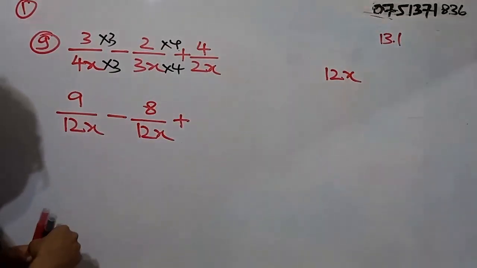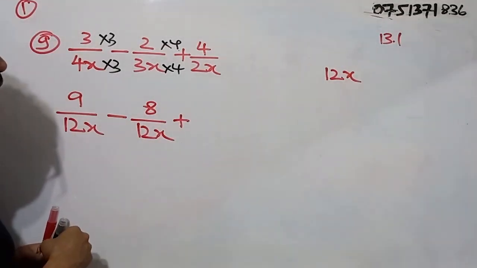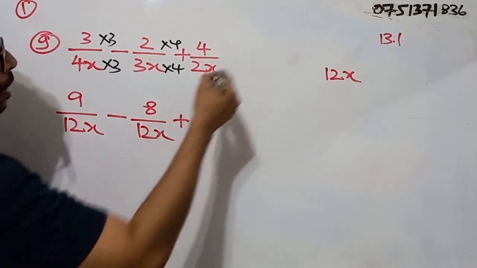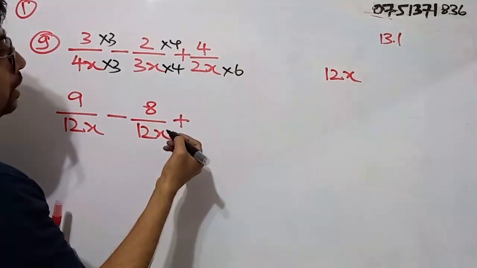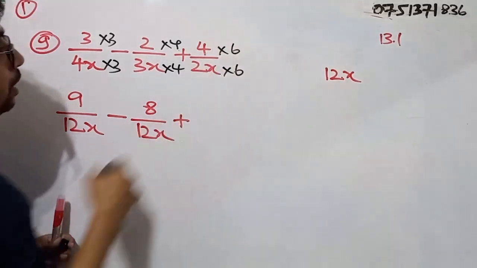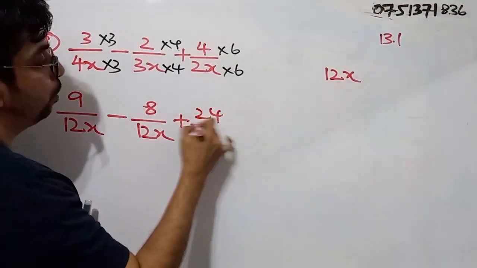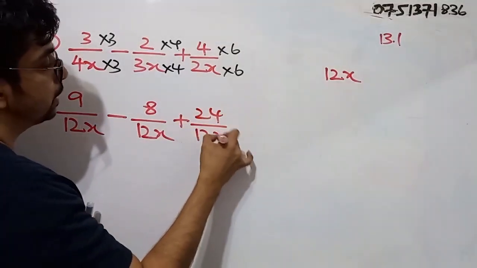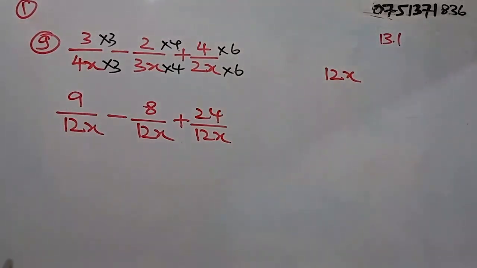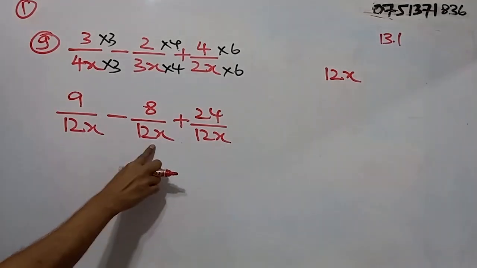Plus, here of the third fraction, we need to multiply the denominator by 6. So we need to do the same thing to the numerator as well. 4 into 6, that is 24, divided by 2x into 6, that is 12x, right? The next step, we have to follow the BODMAS rule. So we need to simplify these two fractions.